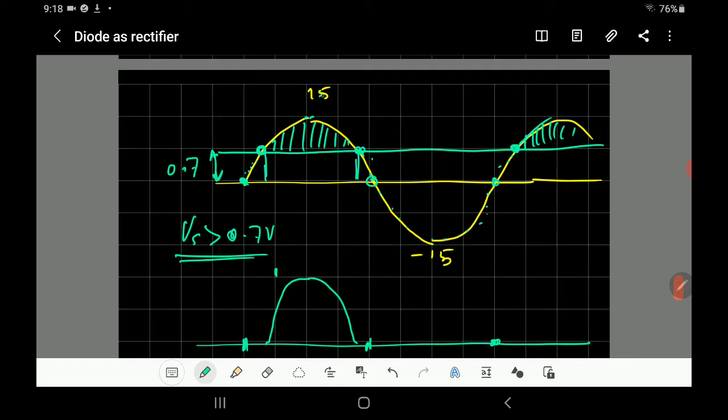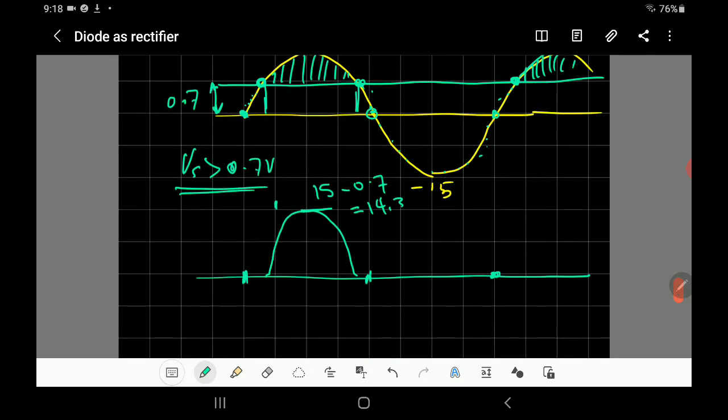And the magnitude is 15, but there is 0.7 here, so the maximum will be 15 minus 0.7, which is equal to 14.3. And then it's off till it again reaches this point. It will be 14.3 maximum. So that will be the voltage across the load.